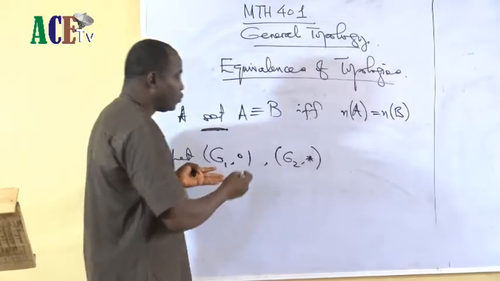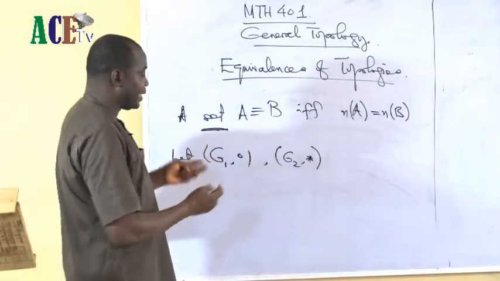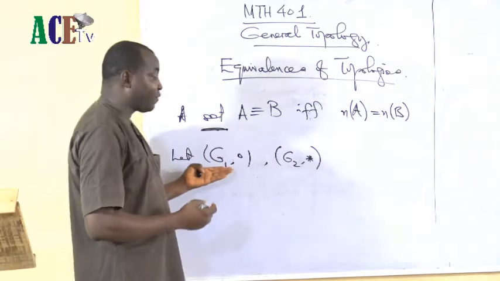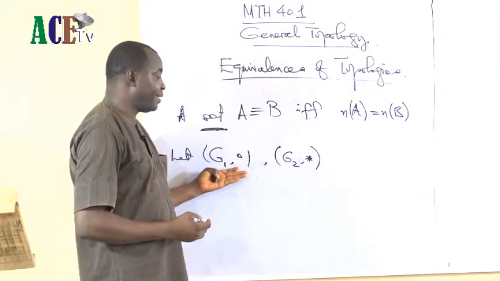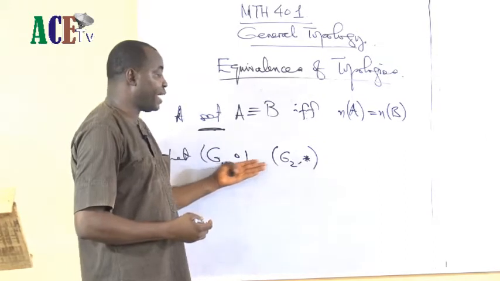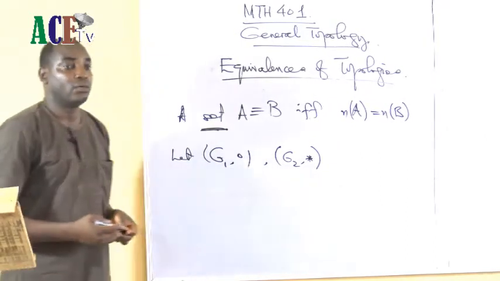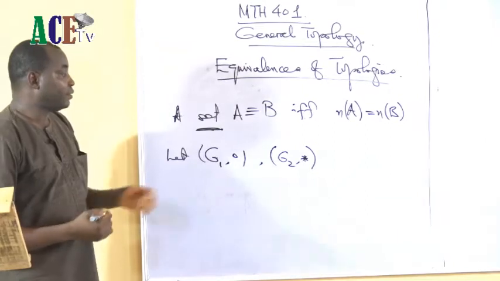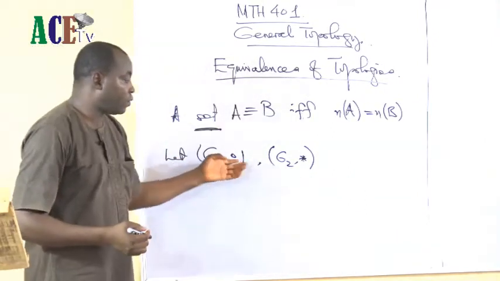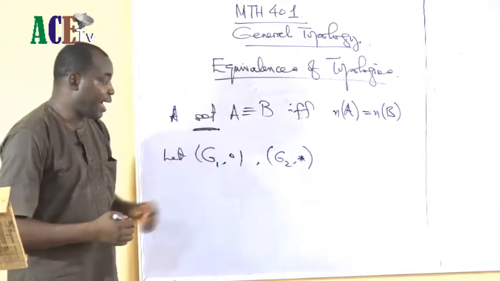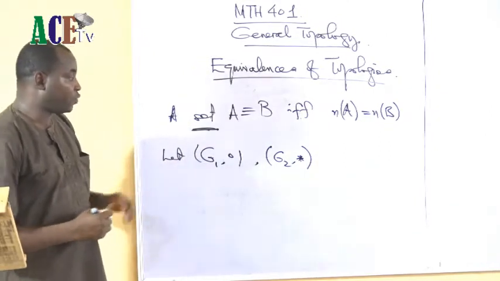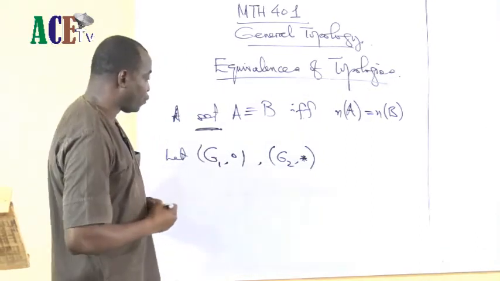You have an isomorphism if you can have a map that takes an element from here to here that will not alter the two operations.